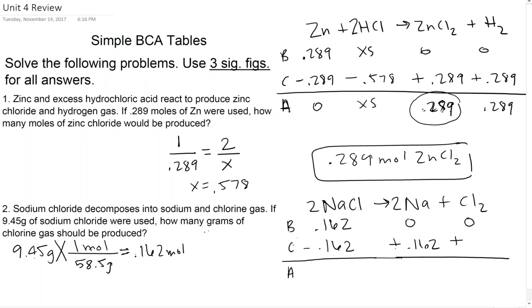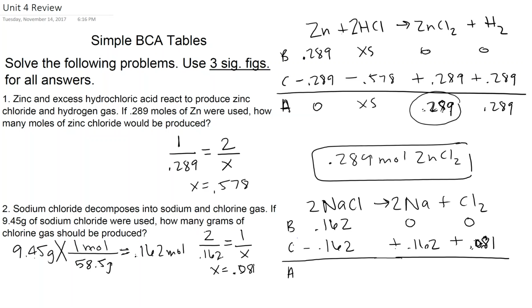To do that, we use the coefficient 2 over the number we know, 0.162, and we set that equal to 1 over x. When you solve for x, you get 0.081. So I plug in 0.081 into that change row spot. Again, excuse me for not being able to read that very well.